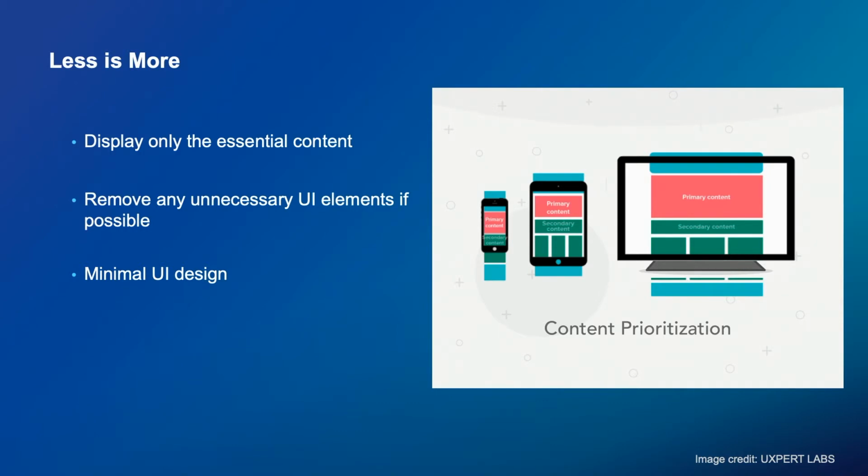So what you can do is, for example, remove some of the unnecessary UI elements from your mobile user interface, such as the large decoration images or icons, and make your UI elements simpler by adopting a minimal UI design framework.